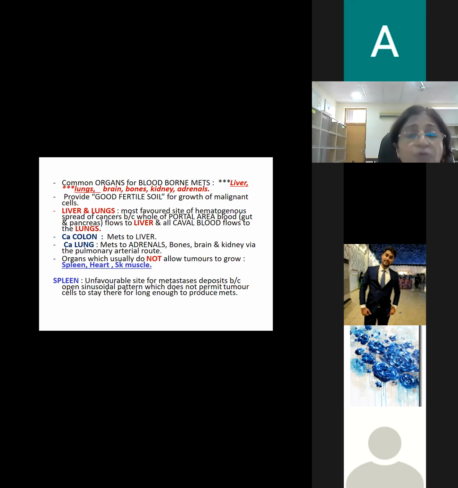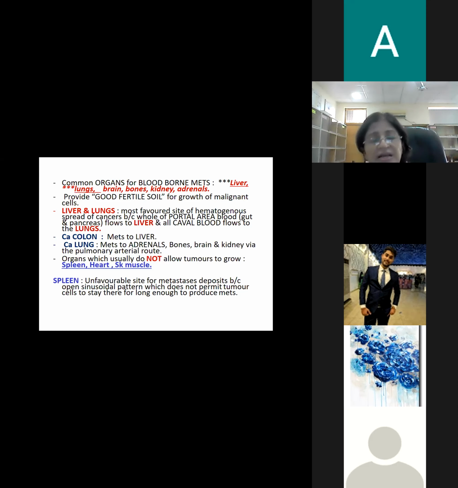Liver and lungs are the most favored sites of hematogenous spread of cancers because the whole of the portal area, gut ka jitna bhi hai and pancreas, flows to the liver, and all the caval blood goes to the lungs. So liver and lungs are the most favored sites of blood-borne metastasis.